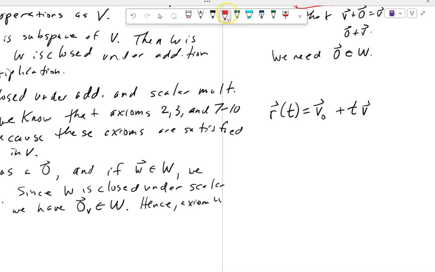So if I leave off the first part, the v naught, does that go through the origin? Can I get 0, 0, 0 by plugging something in for t? Yeah, just plug in what for t? 0. Ta-da, good. So this would be the part of your line that actually goes through the origin. That part's a subspace. That shifts it off the origin.